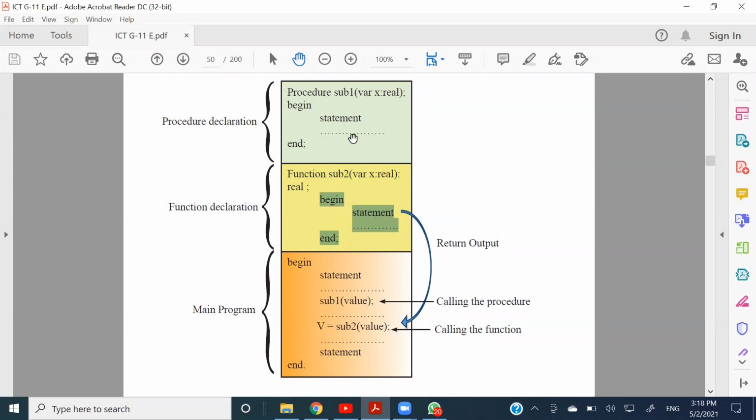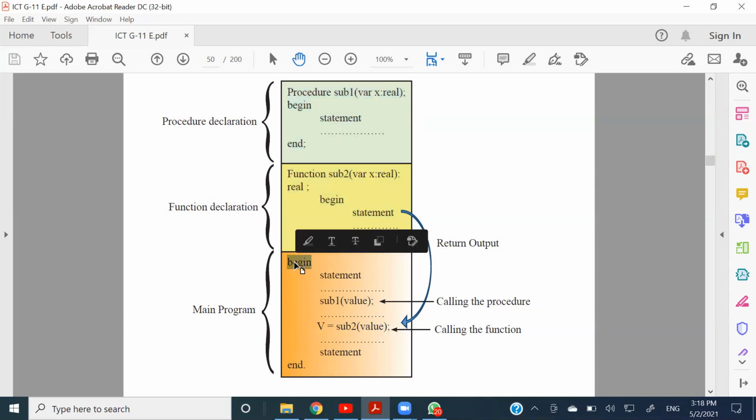If you assume only these two parts were in the program and you save it and execute it, you won't see anything on the screen, because declaring a procedure or a function won't execute them. To execute a procedure or a function, we should call that particular procedure or function, right?